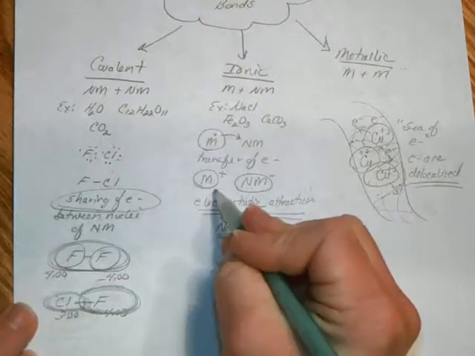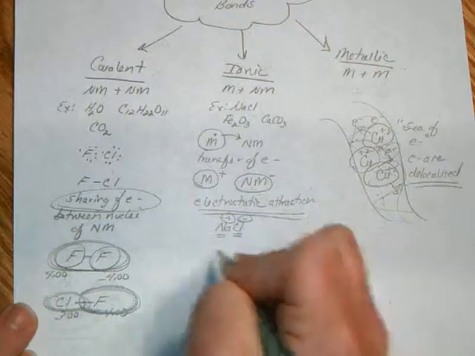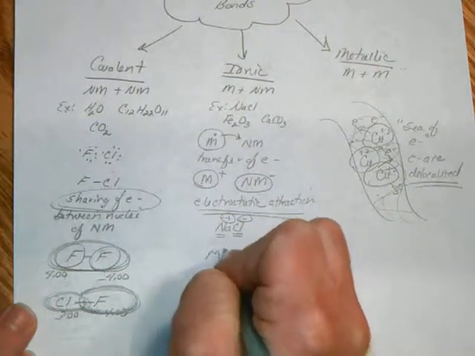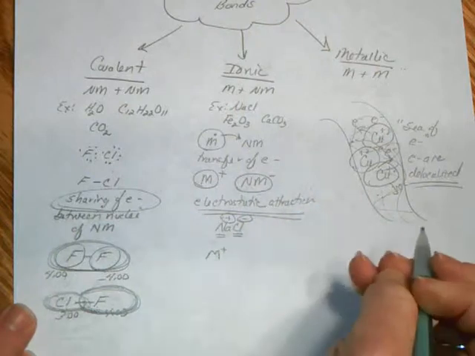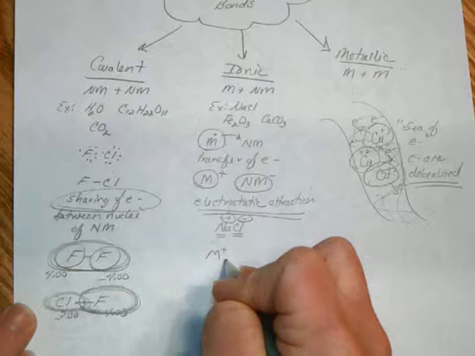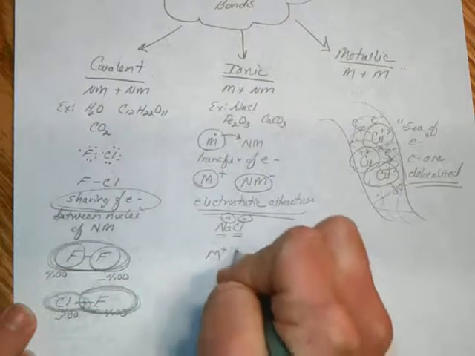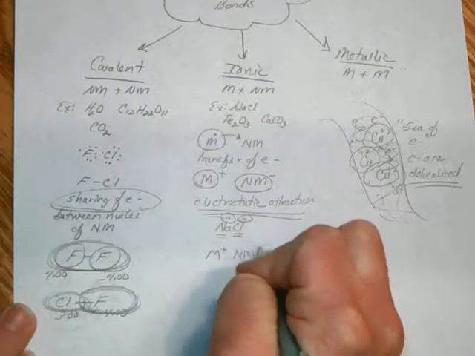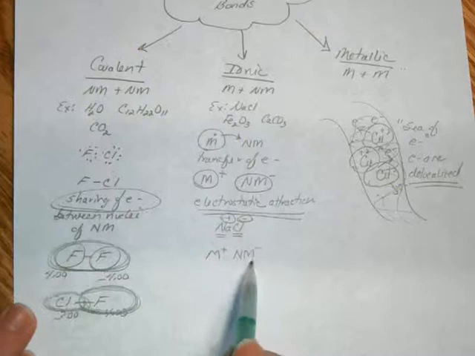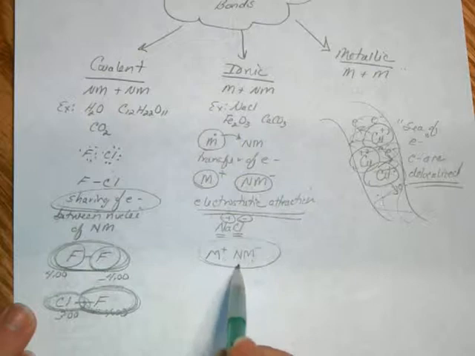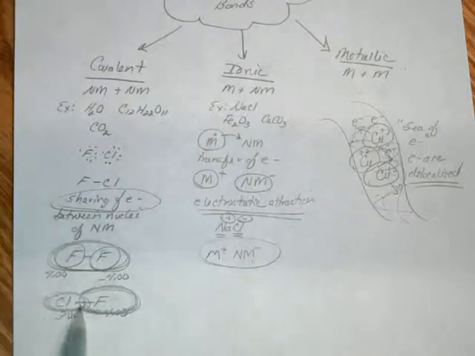Now, in ionic bonding, the metal gets the full positive charge because it's lost an electron. The nonmetal gets the full negative charge because it has taken and is keeping the electron. And they're fine with that. There's no sharing. The electrostatic attraction accomplishes the bonding. Here, there is a sharing.